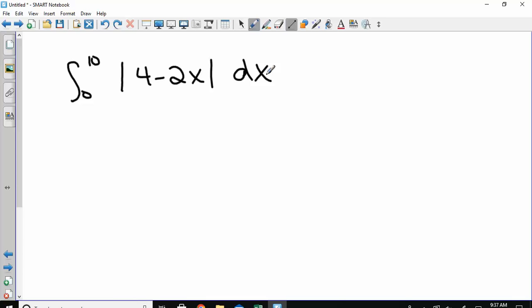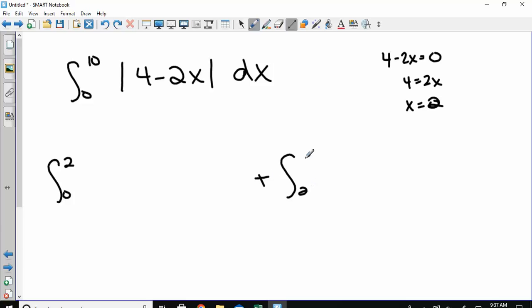Let's look at this one. What do we have to do here? Figure out what makes the inside 0. If x equals 2. So then you're going to integrate from 0 to 2 and from 2 to 10.